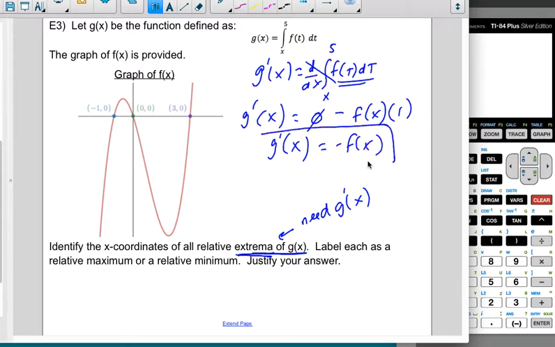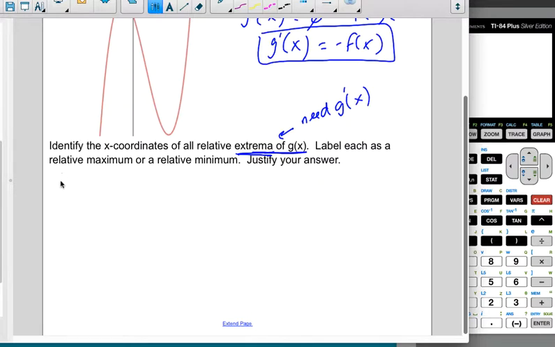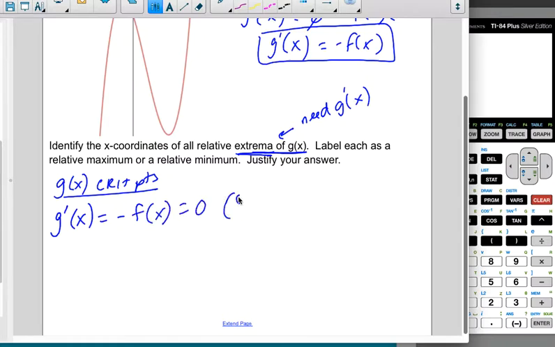Cool, that's relevant. Essentially what that means is that the g of x critical points are going to happen when g prime of x, which is the same as negative f of x, equals 0. I'm going to write or do not exist, but this is clearly a polynomial. This is a nice, happy function, so that's not going to be an issue here.